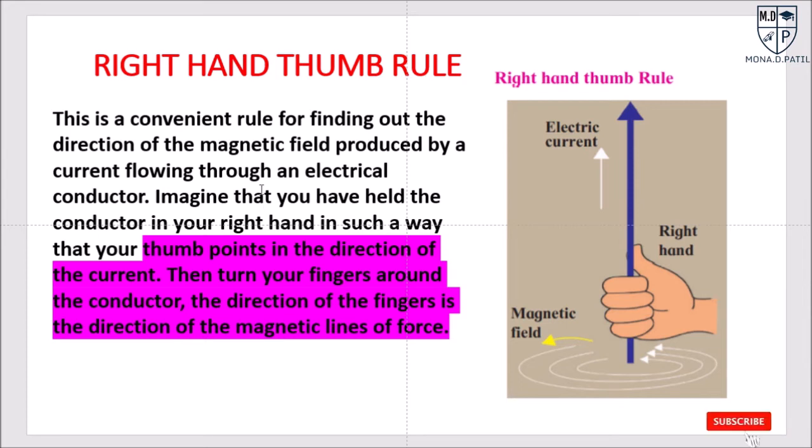Imagine that you have held a conductor in your right hand in such a way that the thumb points in the direction of current. Then turn your fingers around the conductor. The direction of these fingers is the direction of the magnetic lines. Here you can see the magnetic lines. This is the right hand thumb rule.